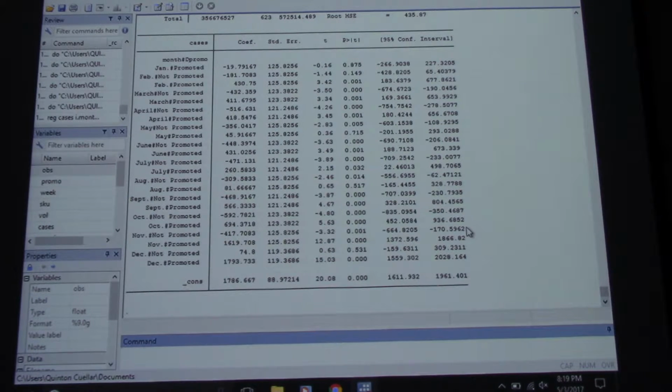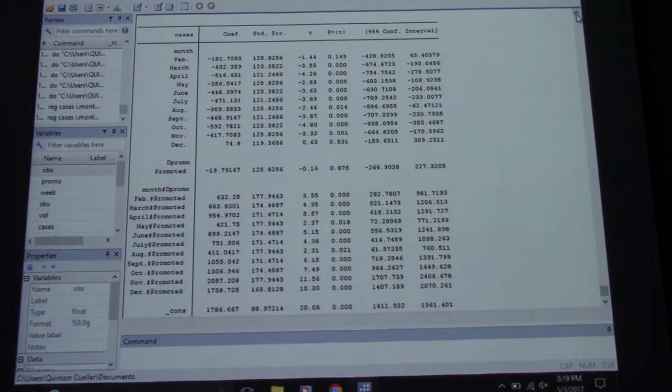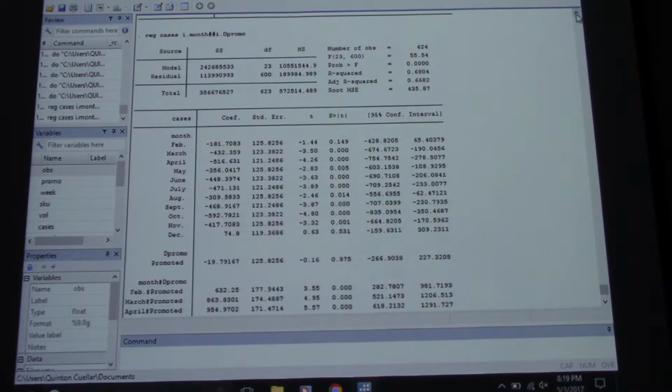If you put the double hashtags, it makes this twice as good as Twitter, then Stata automatically constructs the dummy and interaction variables for you.